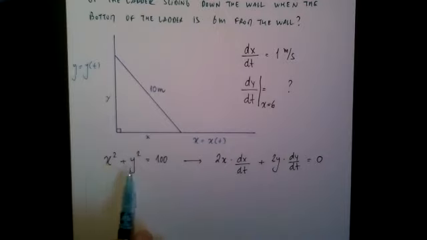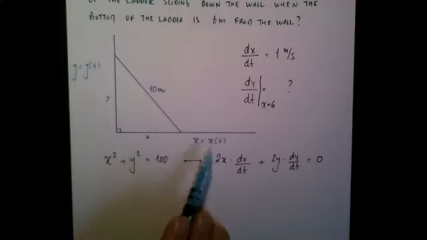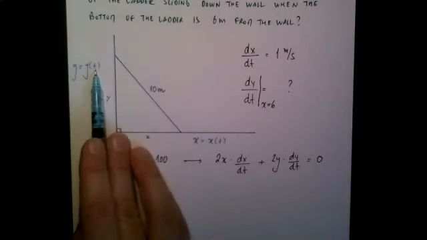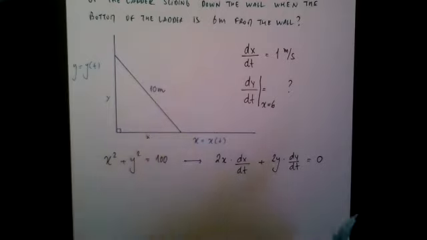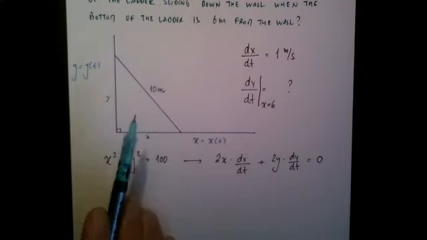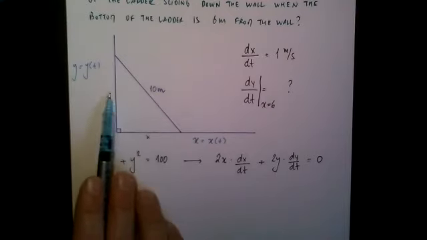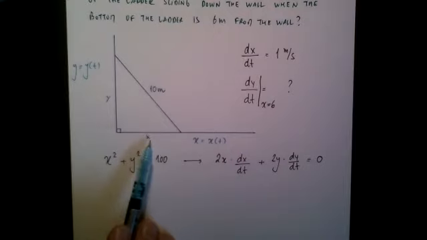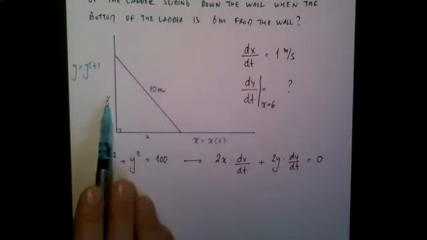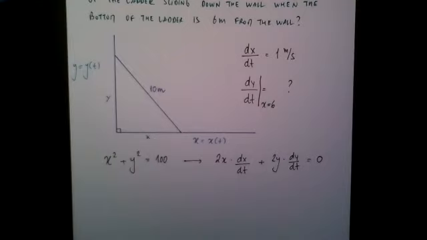Now we're deriving with respect to t. So each of these I'm considering as a function of t, and not as before, which was y as a function of x. That's why I wrote x is x of t, y is y of t. Before, we had x is x, and y is y of x. You understand? There's a difference between treating y as depending on x, or treating y as a function of t and x as a function of t.